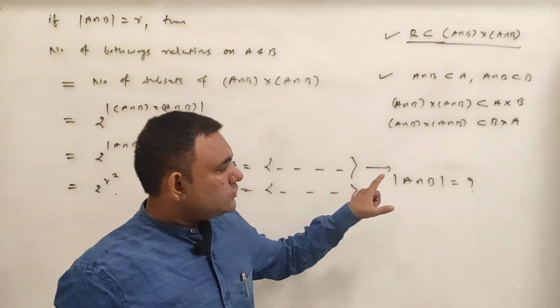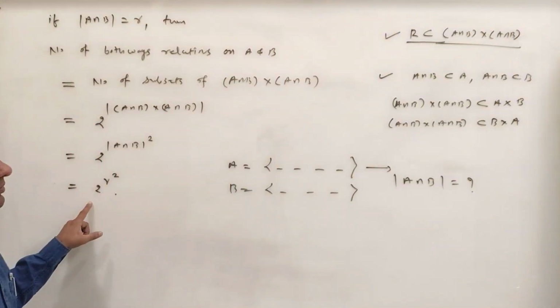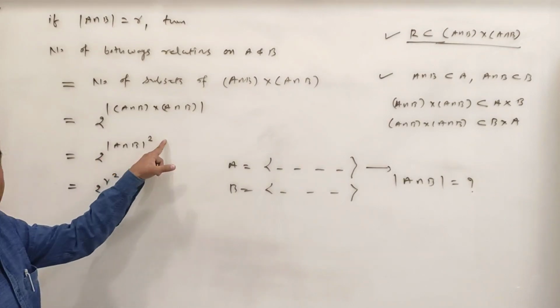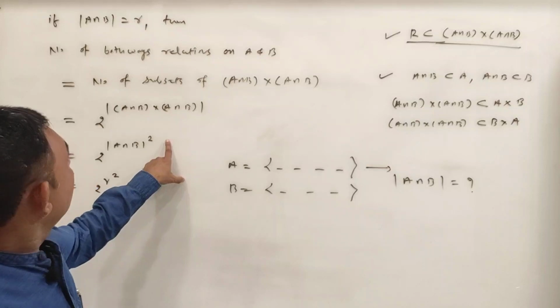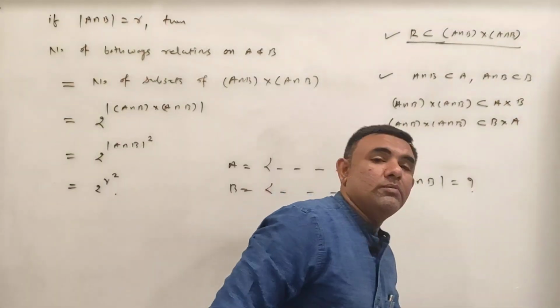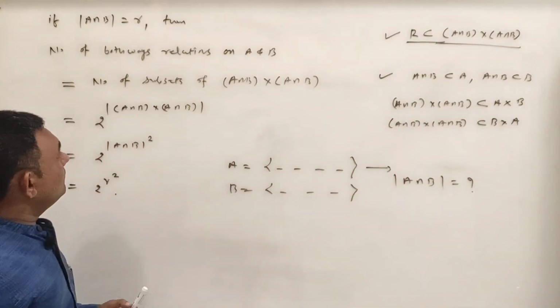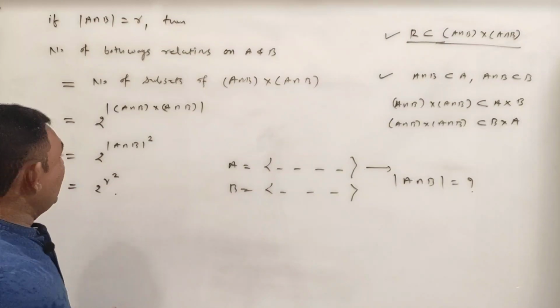So once you know A intersection B's cardinality, then 2 raised to square of cardinality of A intersection B is the number of both ways relations on A and B. So this is what we have relation.